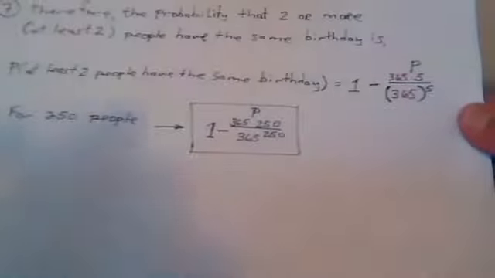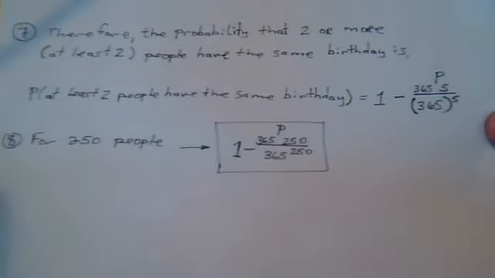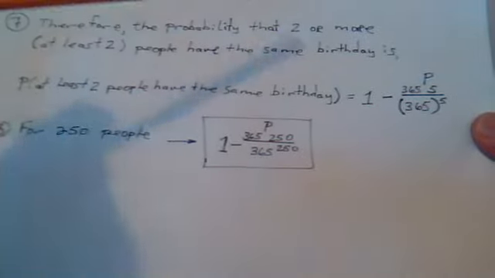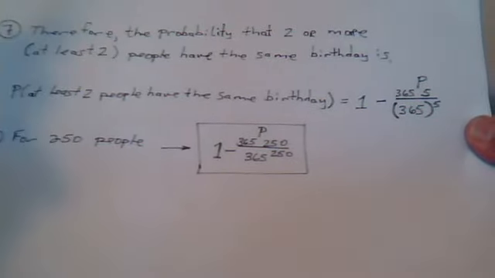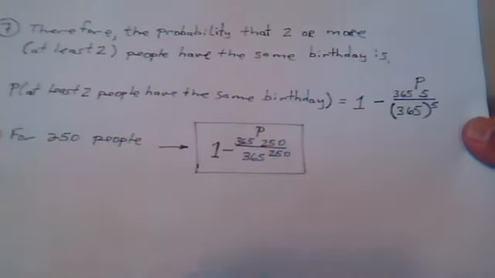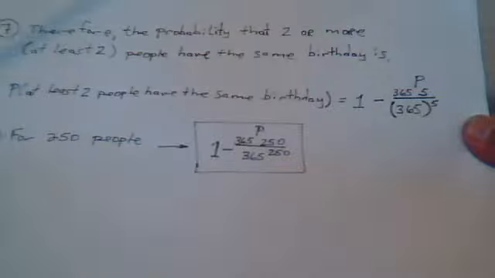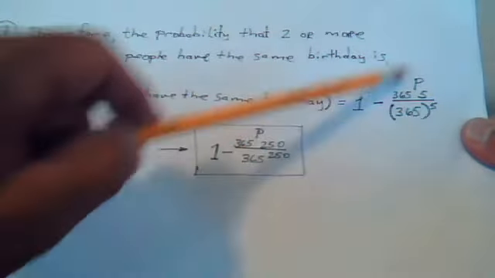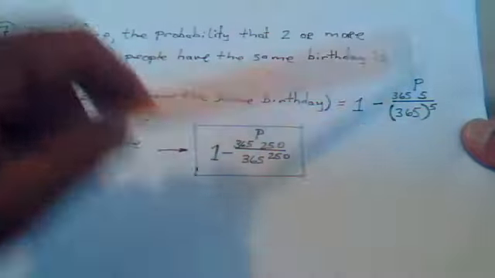Therefore, the probability that 2 or more people, at least 2 people, have the same birthday, that was the original question. What's the chances that in a group of 5 people, at least 2 have the same birthday? Well, that would be 1 minus this little portion that we talked about in the previous page.